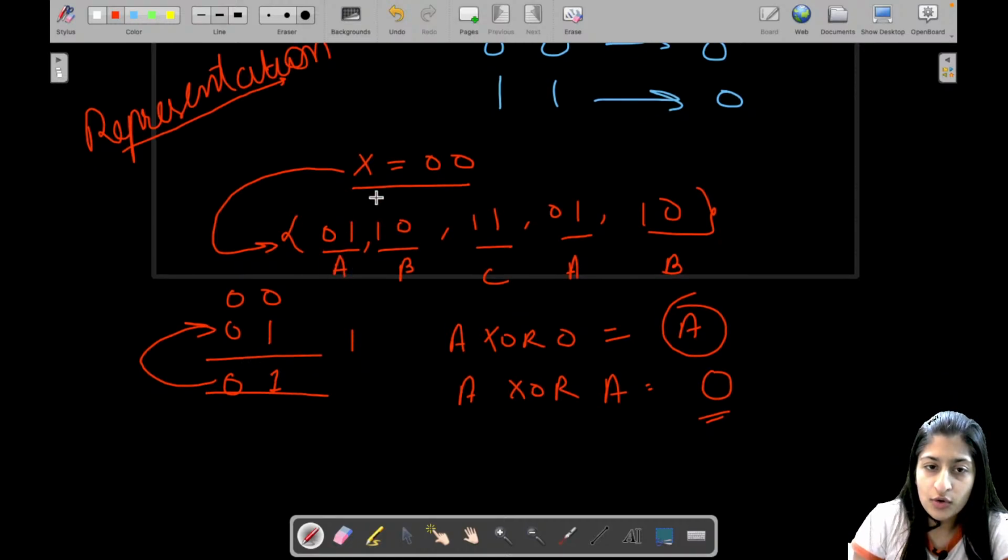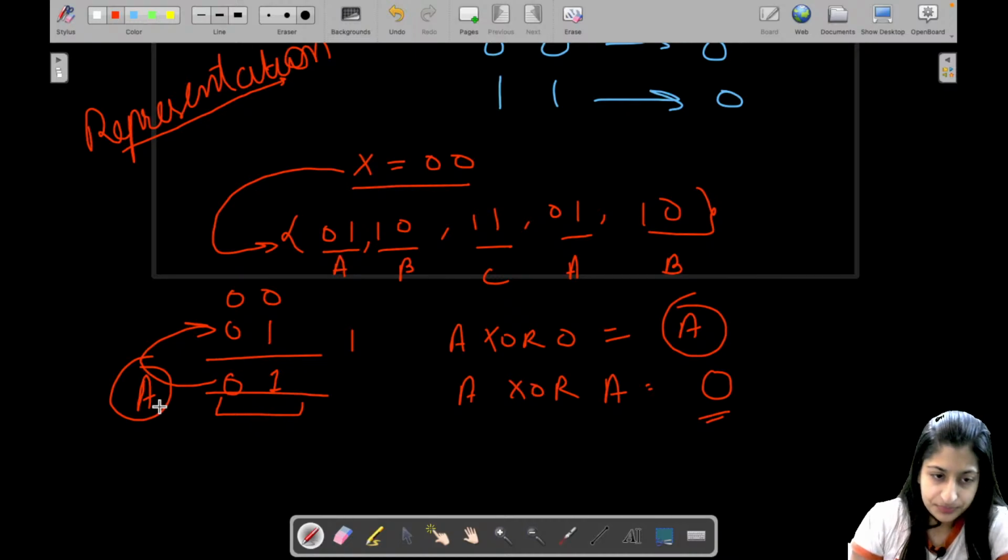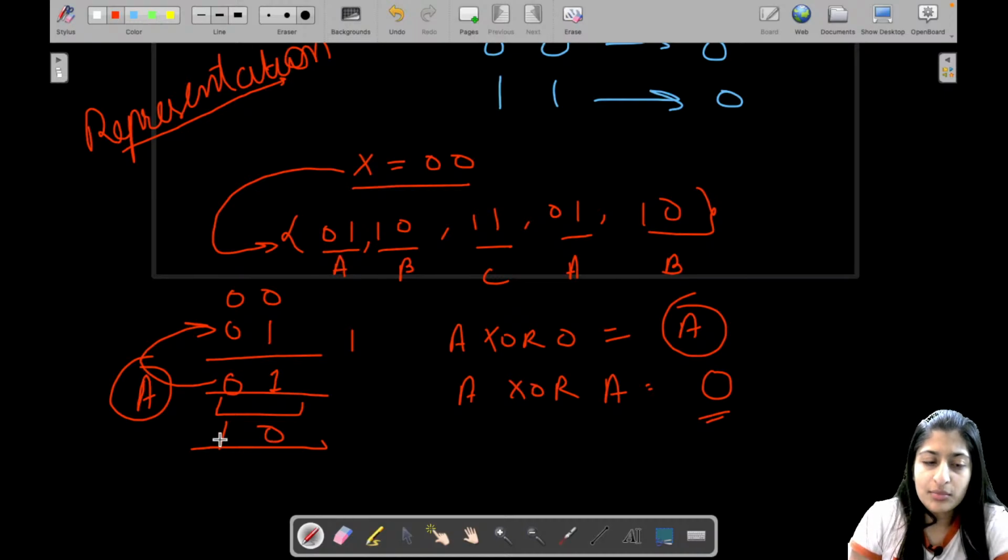When I did XOR of x with a, I got a only. Now since I got a, I'll do its XOR with b. B is a different number, obviously, so different bits, what am I going to get here? A, and then there is this b, 1 0, different bits 1 1.